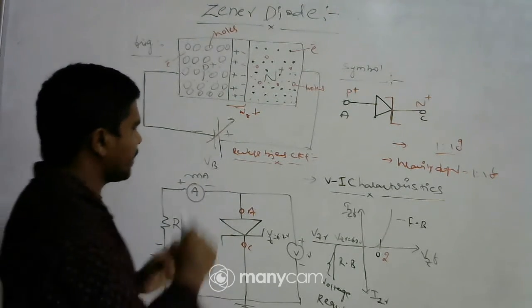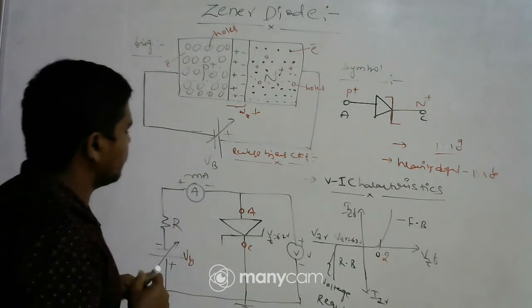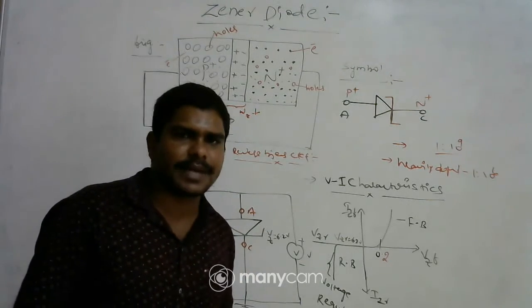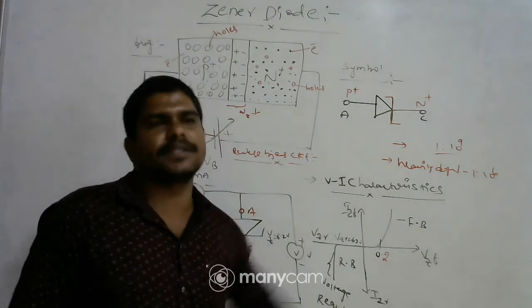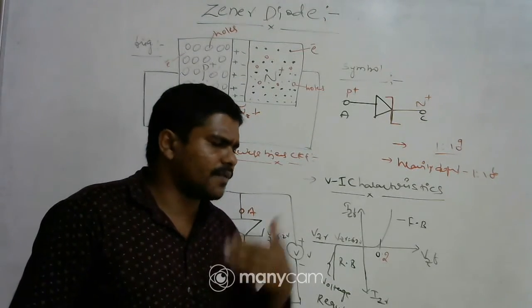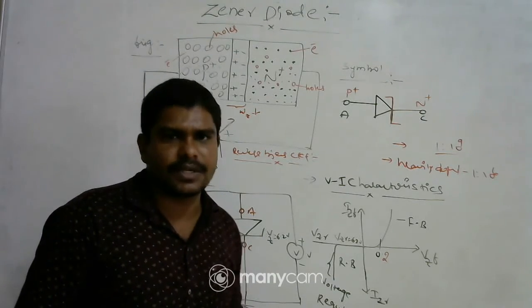Still we are applying the voltage. Generally a voltage regulator diode has some rating: after what voltage the diode maintains a constant voltage.